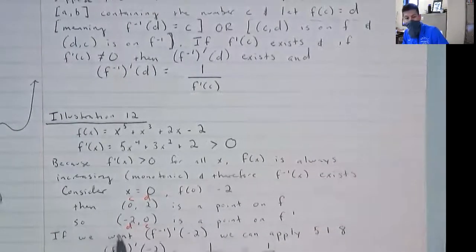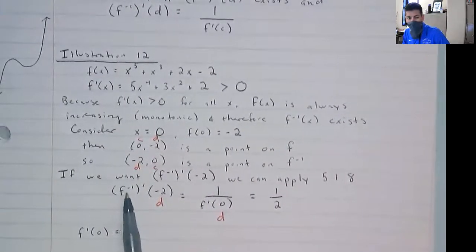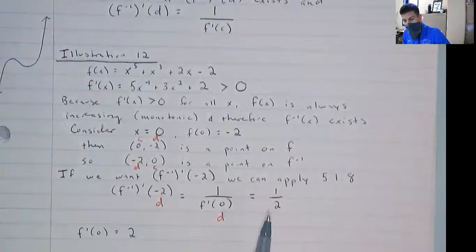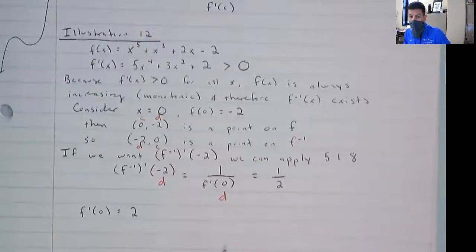So without knowing what this function is, what its formula is, what its equation is, we're able to compute specific derivative values for it by knowing what the derivative of f is.